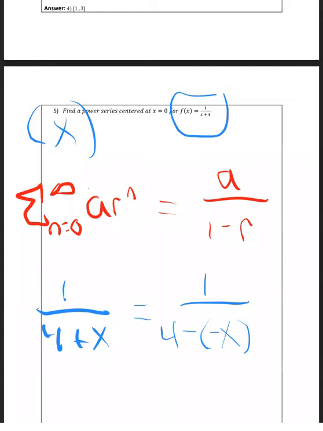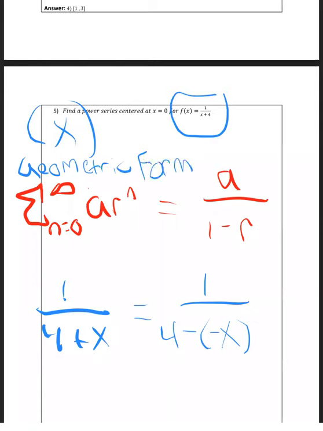Where did you get a over 1 minus r from? That formula, that's the geometric form. That is an official formula. I didn't make it up. It's literally just the geometric form of a power series.